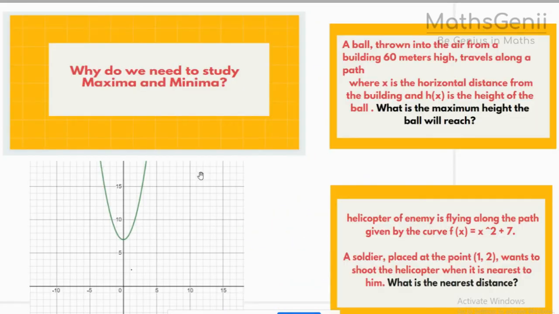Why do we need to study maxima and minima? Firstly, let's understand with two examples. So, in the first example, it says a ball thrown into the air from the building. It's thrown in the air at 60-meter height. Where x is the horizontal distance and h(x) is the height. What is the maximum height reached by the ball?